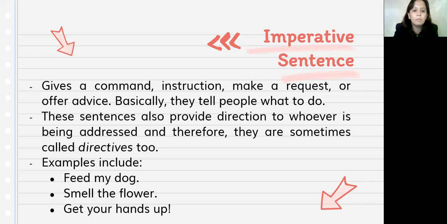They tell people what to do, and they are sometimes called directives too. So these are the imperative sentences. So next is exclamatory sentence.